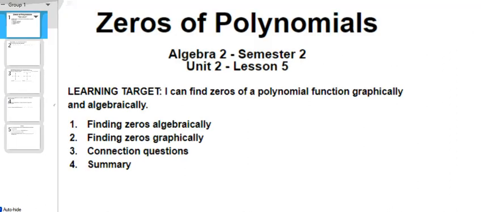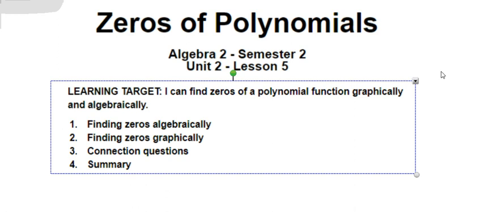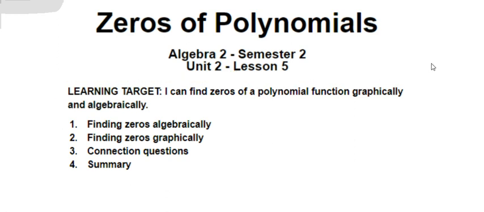Thank you very much. So what we're going to do today is talk about zeros of polynomials. Now we've been finding them. We've been doing it through factoring and through using synthetic division to help us break things down so that we can get quadratics, which we know how to work with through factoring.